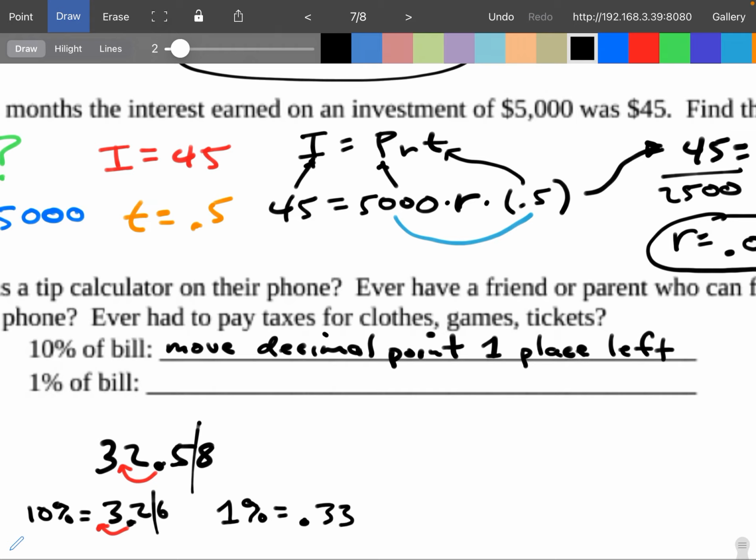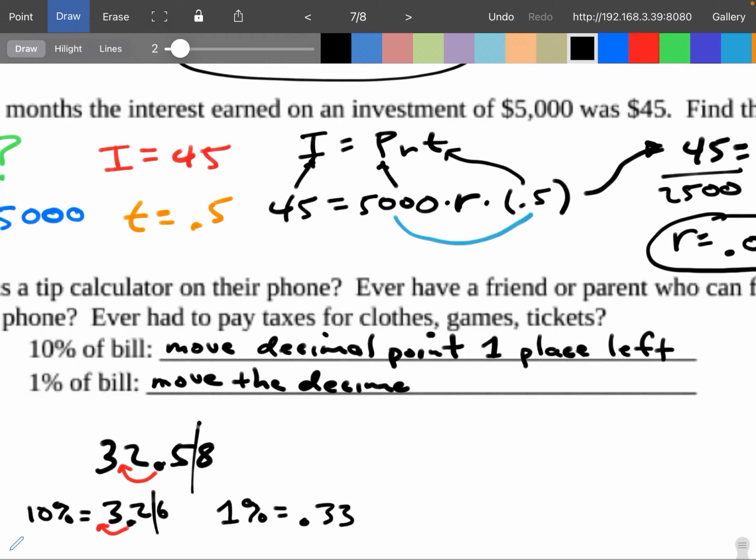All right. So if you had a bill of $32.58, 10% would be $3.26. 1% would be just 33 cents. So if you want 1% of the bill, we're going to fill this in.